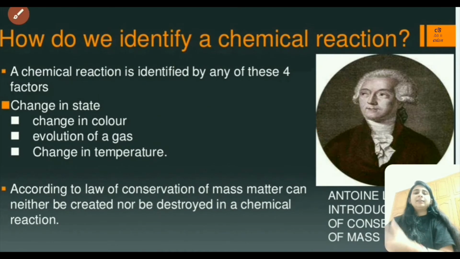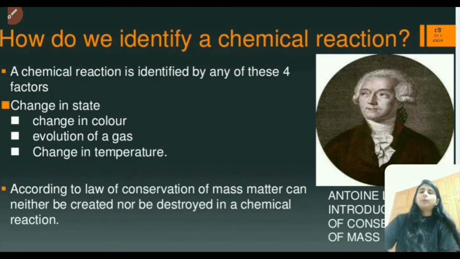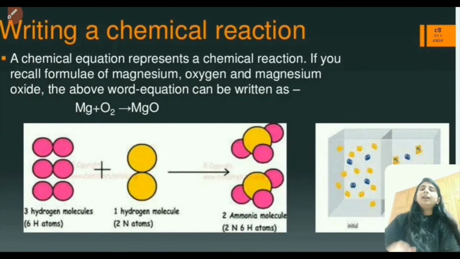It just changes from one form to the other. Initially it was in a gaseous state, and once the reaction has been completed, it has now turned into liquid state. That's it. Now let's talk about how we can write a chemical reaction. The statement says a chemical equation represents a chemical reaction.